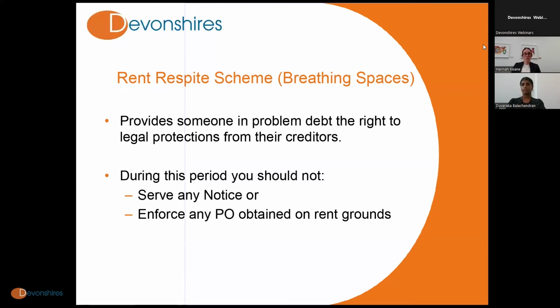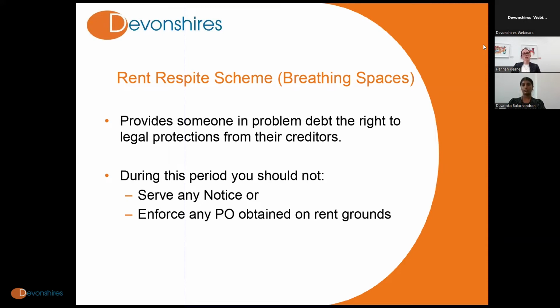So if you were seeking a possession order in respect of £2,000 worth of rent arrears, you couldn't contact the tenant in respect of that specific amount. It also means that you cannot serve any notice in respect of that debt. And it means that if you've already got further than the notice stage, you couldn't enforce a possession order obtained on rent grounds in respect of that £2,000 that we're using as an example.